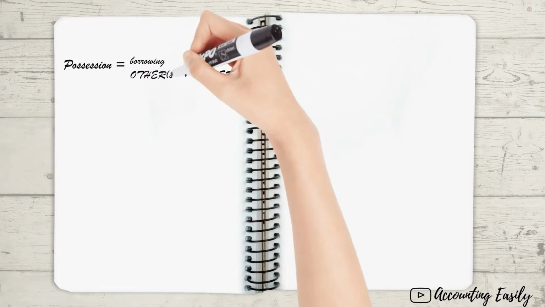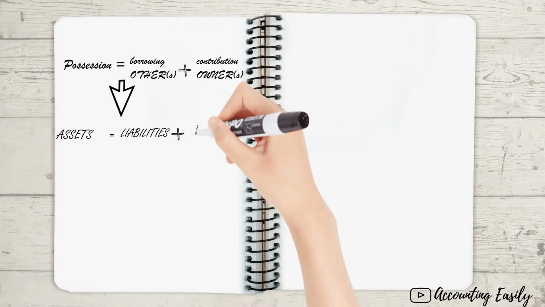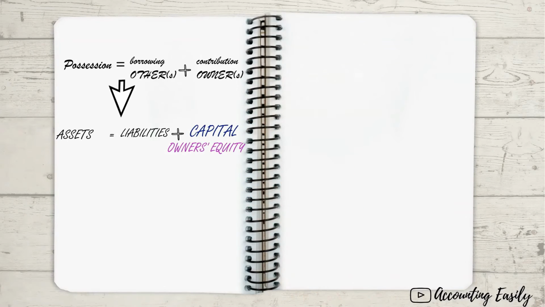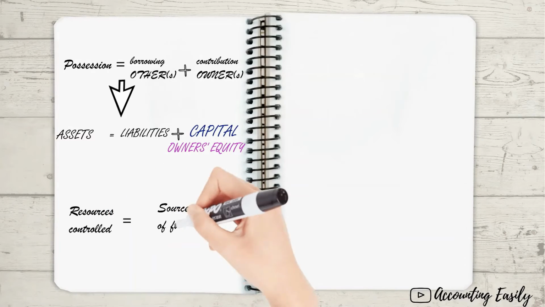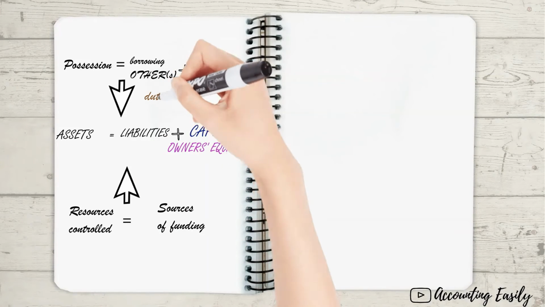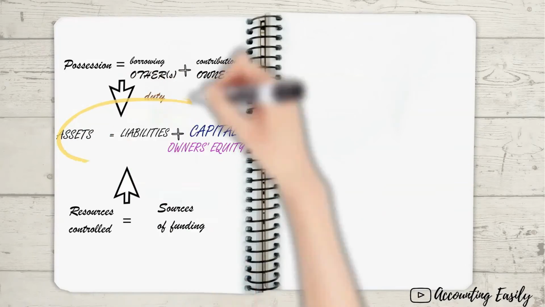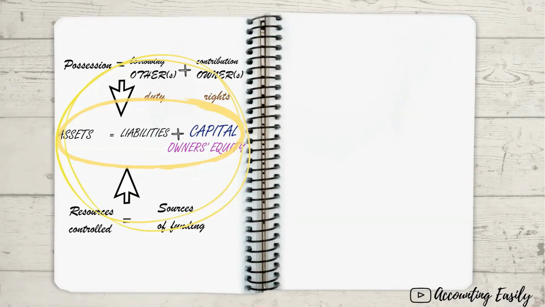An entity's possession is always about the combination of contributions of owners and borrowing from others, which we can put into the equation: assets owned by the entity equal liabilities plus capital or owner's equity. In other words, resources controlled are equivalent to the sources of funding. You have to remember that accounting takes the concept of duty before rights. The order is always that liabilities are fulfilled before going to capital or owner's equity.